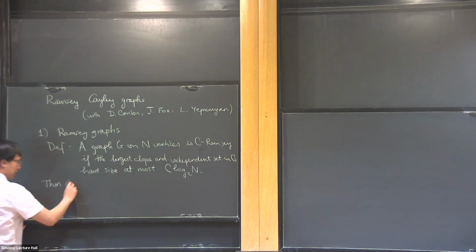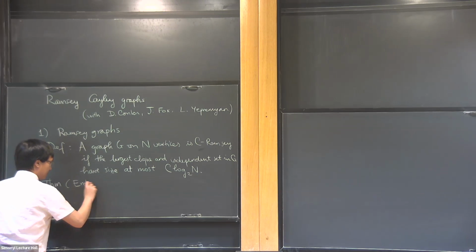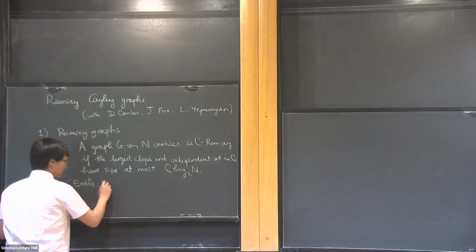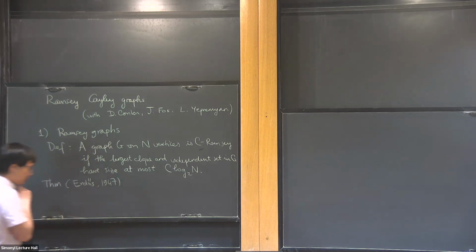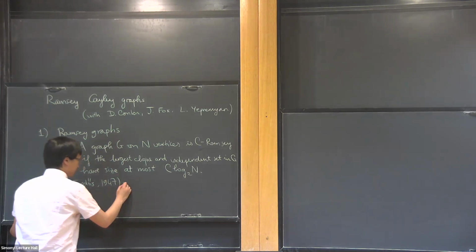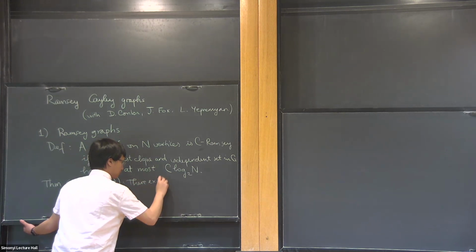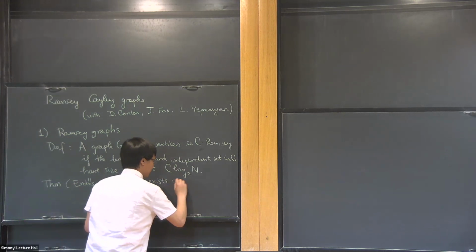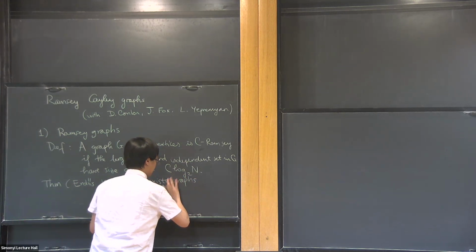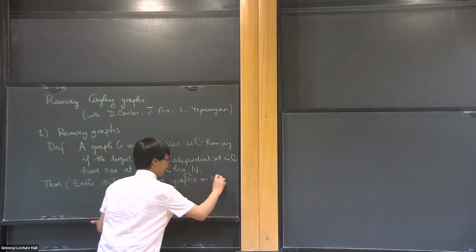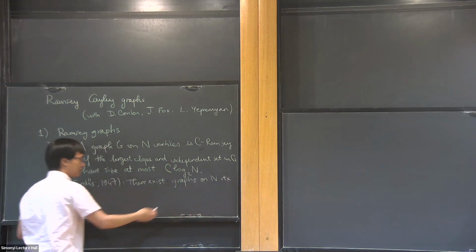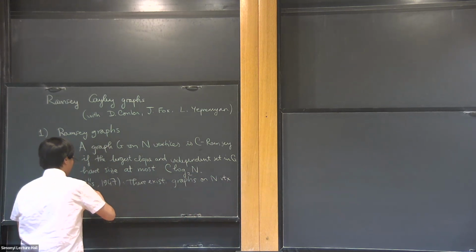So with this, let me just recall the classical theorem of Erdős, one of the first applications of probabilistic combinatorics. And so he proved that there exist graphs on n vertices for arbitrarily large n, which are 2 Ramsey.